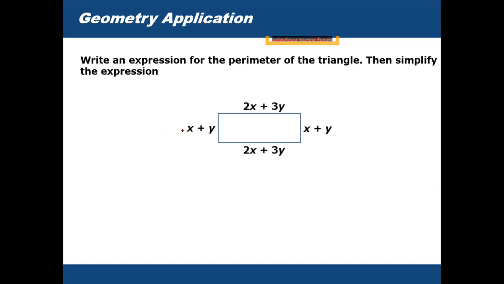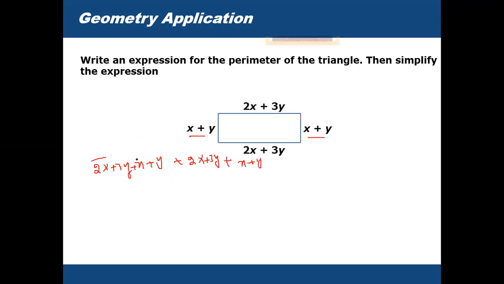What about the perimeter of this rectangle? 6 times x plus 8 times y. Great. You can add these: 2x plus 3y, then x plus y, then 2x plus 3y, then x plus y, or we have the 2a plus 2b formula.